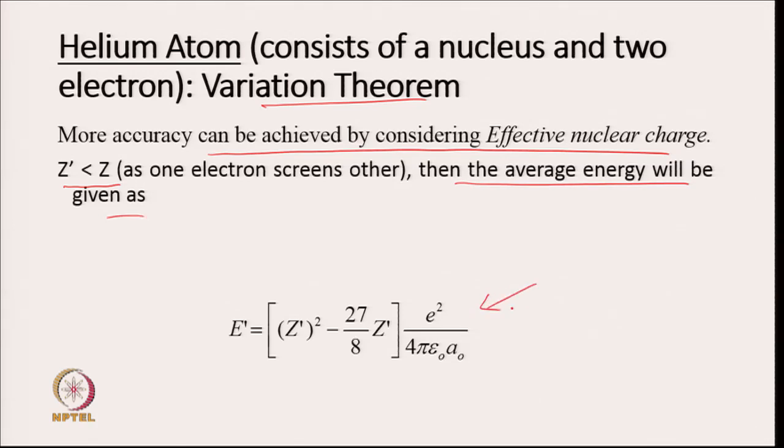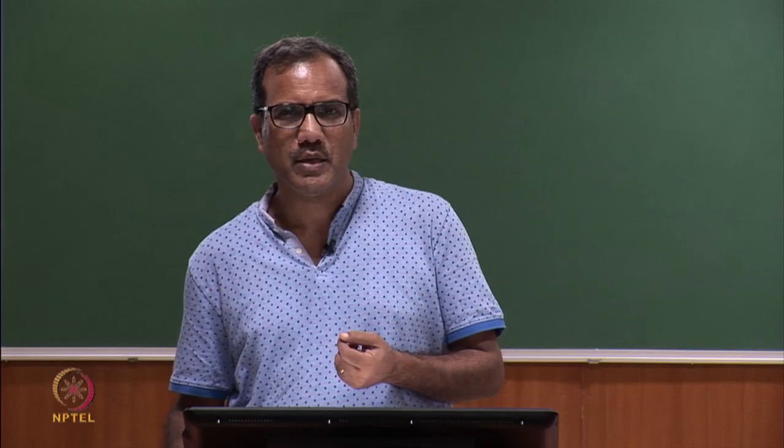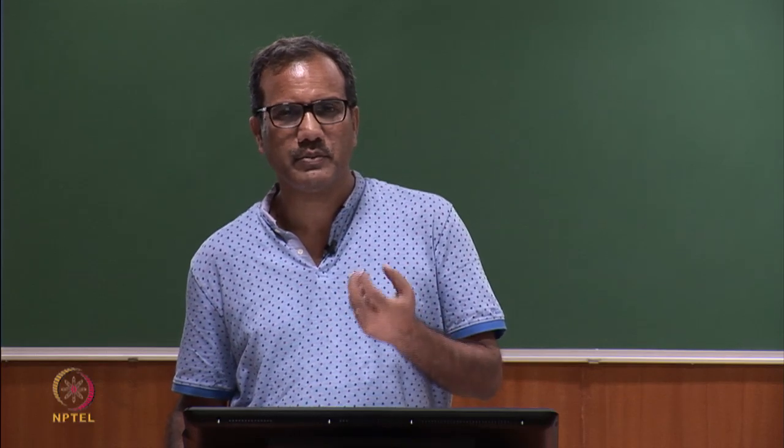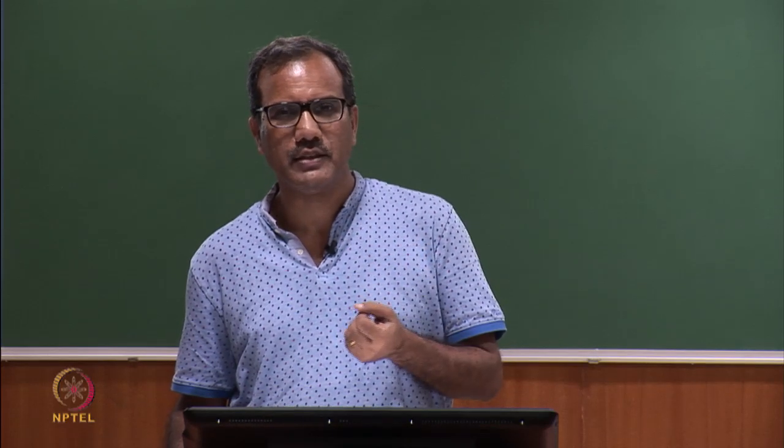Here I am not going to discuss the variation theorem in detail, since it involves higher hypotheses of quantum physics. If you want, you can go to the NPTEL lectures on quantum and look at how to calculate E dash. Here we start with a wave function known as the trial wave function, and then you try to calculate the energy.